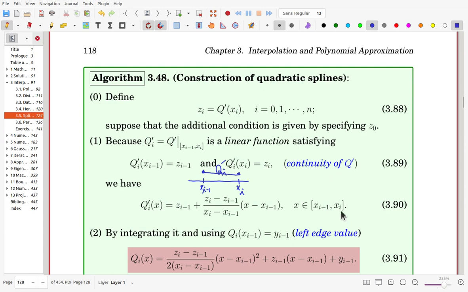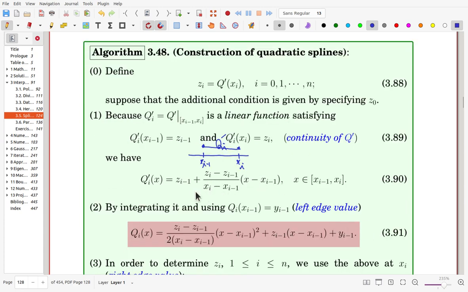Now, for that one, we integrate. Then qi must be the integration of this one and that one, and this is a constant, so the constant times x, and plus c. Rather than that standard form, we write it this way, and plus some constant k.